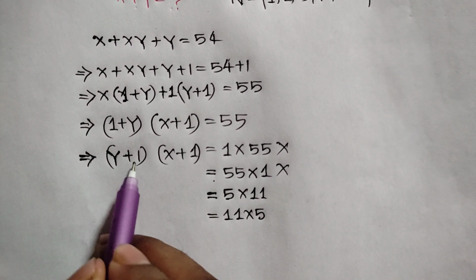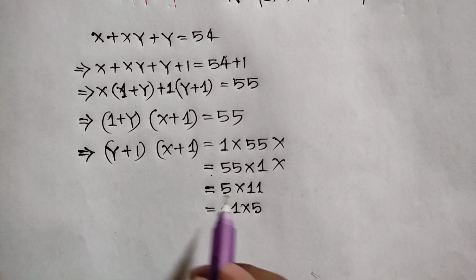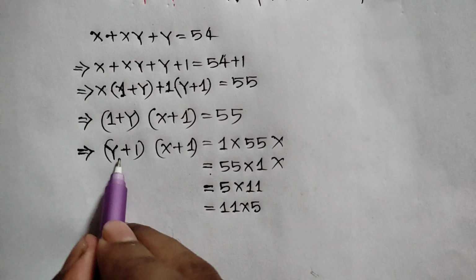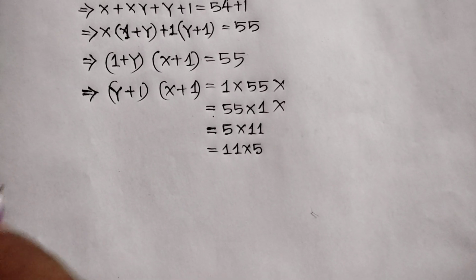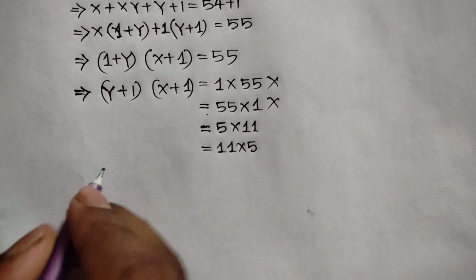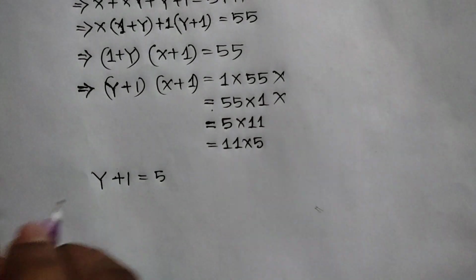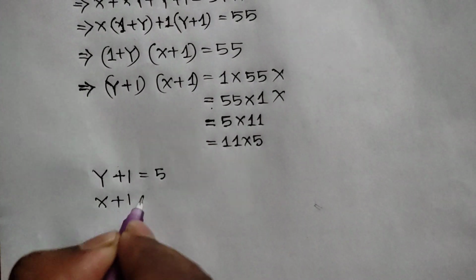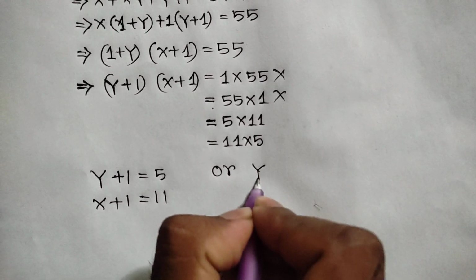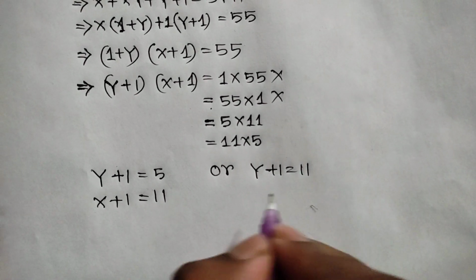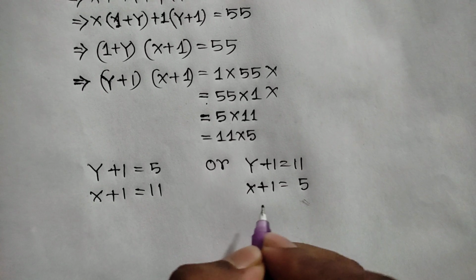So y plus 1 can be 5 and x plus 1 can be 11, or y plus 1 can be 11 and x plus 1 can be 5. So we can write y plus 1 is equal to 5 and x plus 1 is equal to 11, or y plus 1 is equal to 11 and x plus 1 is equal to 5.